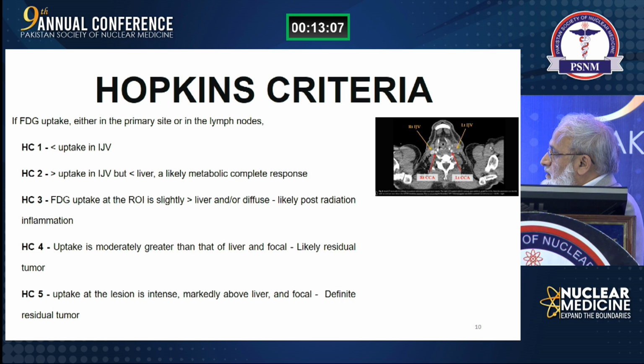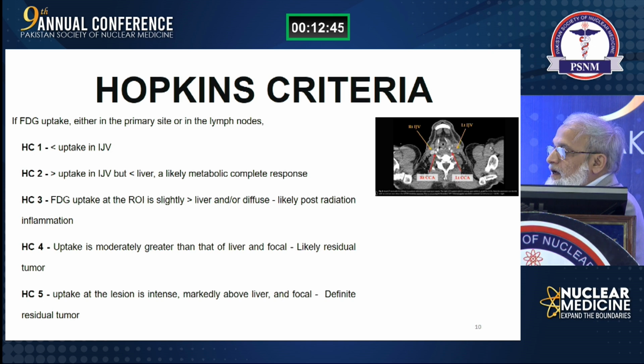Hopkins criteria 2 is uptake in the lymph nodes or primary site that is greater than the internal jugular vein but less than the liver, a likely complete metabolic response. Hopkins criteria 3 is when the ROI shows slightly more uptake than the liver, or diffuse uptake.